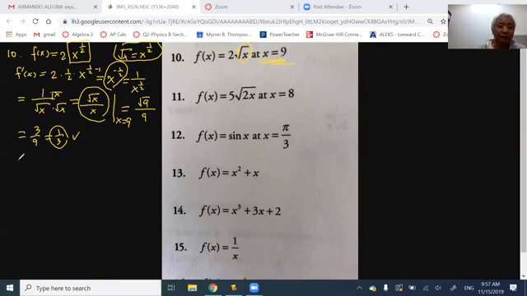Now, with a similar method, we do number 11, okay? I rewrite number 11 in a form easier for you to do the derivatives. So this is the 5 here, and then you have 2 times x, to the 1/2 power, like this, right? But before you do derivatives, try to simplify as much as possible.